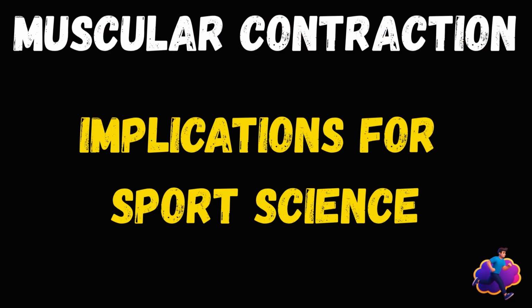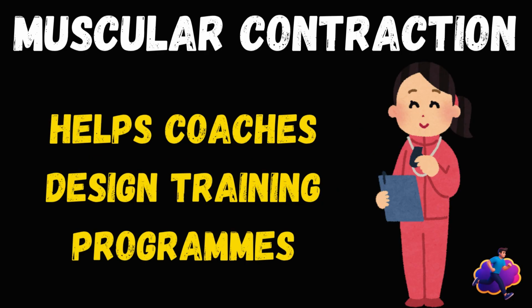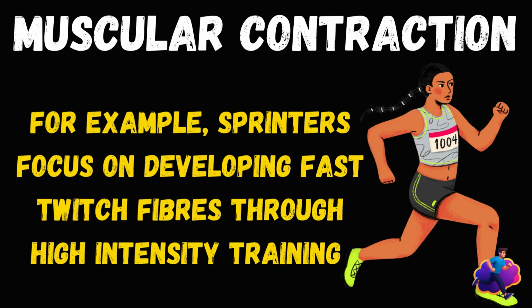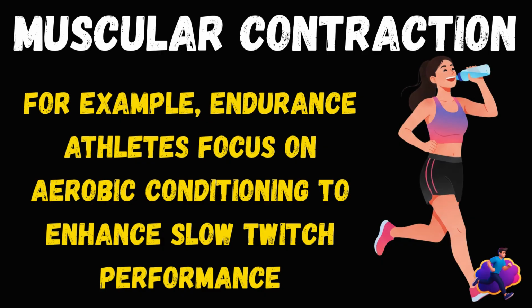In practical sports science, understanding muscle fiber type composition and contraction types has significant implications. It helps coaches and athletes design training programs that match the physiological demands of their sport. Sprinters focus on developing fast twitch fibers through explosive, high-intensity training, whilst endurance athletes emphasize aerobic conditioning to enhance slow twitch performance.